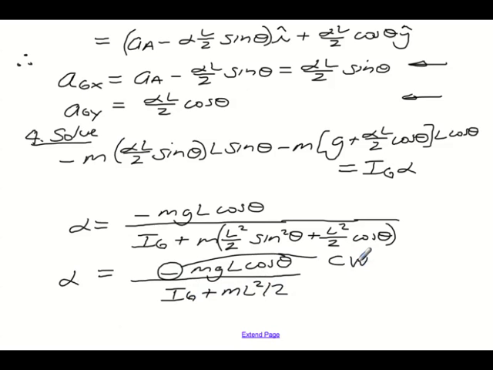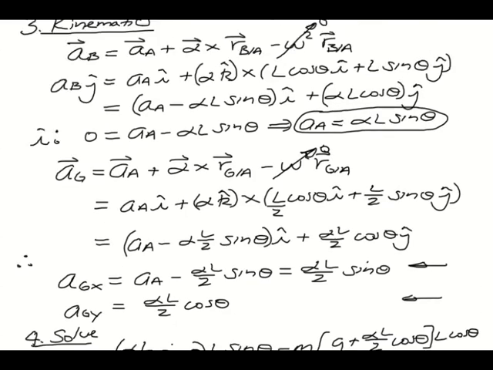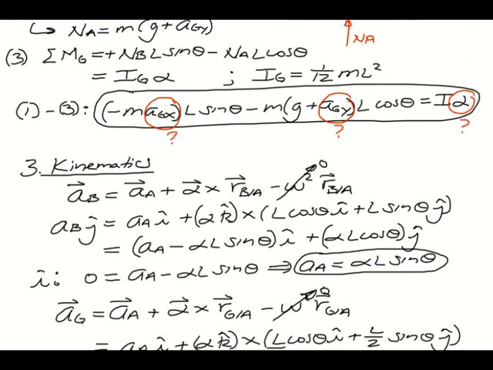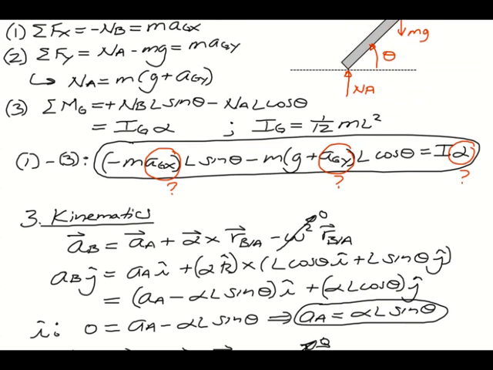So the problem looked pretty basic. It was just a single bar constrained to move in a fairly simple way, but the kinematics actually became quite long. Let me check something here before we wrap this up. I'm pretty sure I left off a factor of 2 when I did my moment about G. I apologize for this mistake here. But what I have here, the moment about G is going to be L over 2.